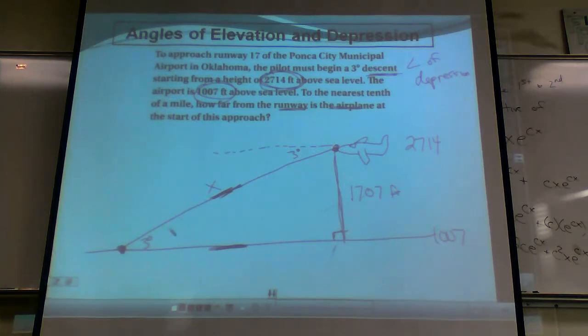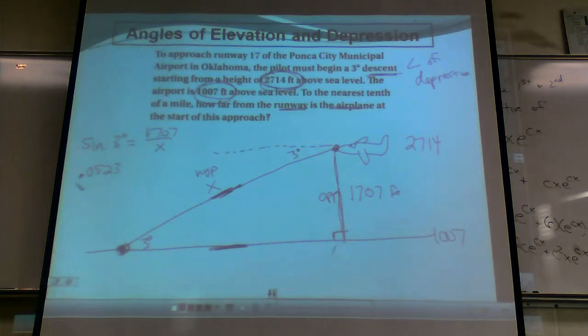Once you've got the drawing down, because getting the drawing right is the key to it, you go back into doing the problems like we did yesterday. Here's my angle, the opposite side, the hypotenuse. So I'd be doing opposite over hypotenuse, which is which trig ratio? Sine. So sine of 3 equals opposite over hypotenuse. What's the sine of 3? 0.0523.